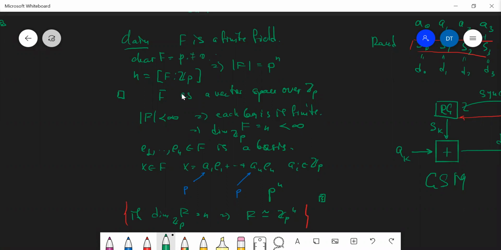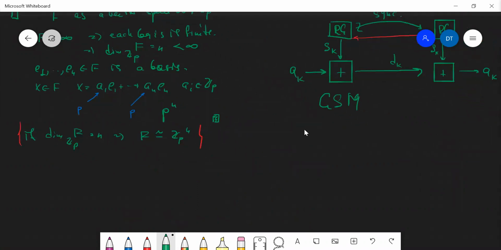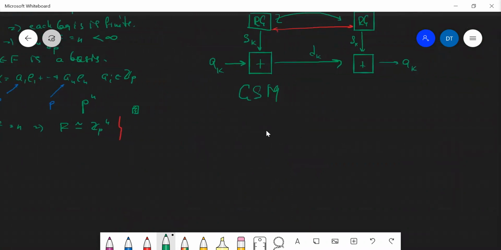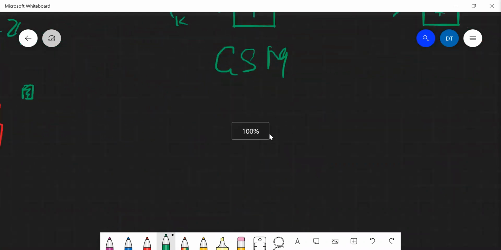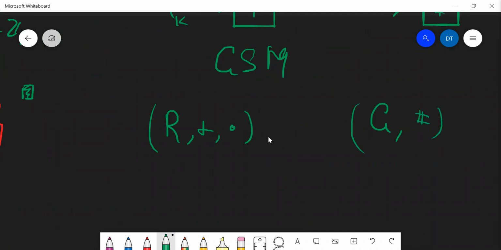So with respect to one operation, it's an abelian group, and with respect to the other operation, it's not a group. Well, again, what is a ring? A ring is a set with two operations. What is a group? It's a set with one operation. So when you say that you want to consider a ring as a group, you need to specify which operation you mean.